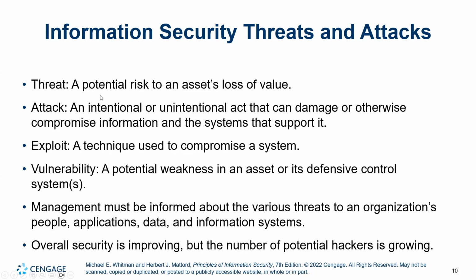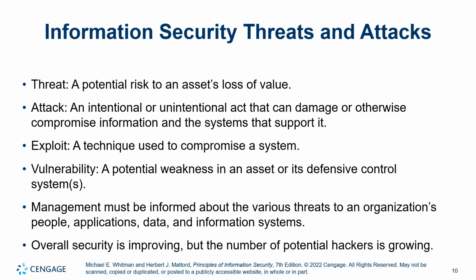So a threat is defined as a potential risk to an asset's loss of value. Now that's a generic definition. It means that a hurricane is considered to be a threat. It's not that a hurricane would attack your data, but it's a threat to your data, because a hurricane could be a potential risk to an asset's value if it could disrupt your access to that critical information.